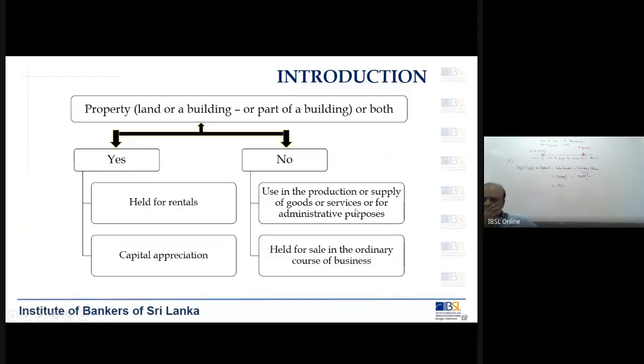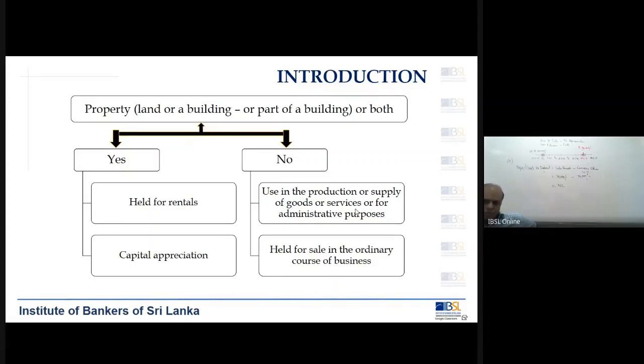So what do you mean by investment property? That is what we are trying to understand. So when you look at the land and buildings of a company, the land and buildings of a company may be for different purposes. It could be either used to run the business, or maybe for some other purpose.